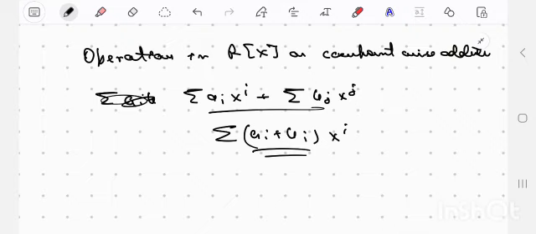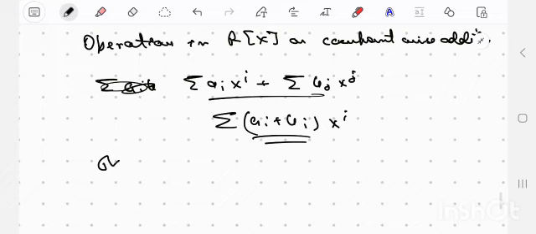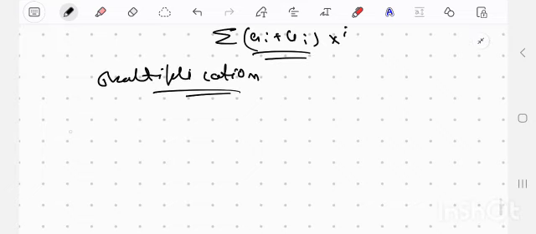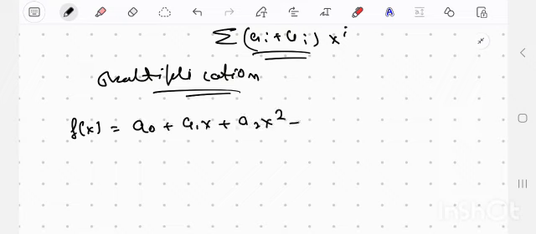In case of the multiplication, the multiplication in case of polynomials is what we say to be a Cauchy product. Okay. So it is defined to be the Cauchy product. So if you have, say, f(x) equal to a0 plus a1x plus a2x square and so on till an x to the power n, let us consider both the polynomials having the same highest degree of x. Okay.